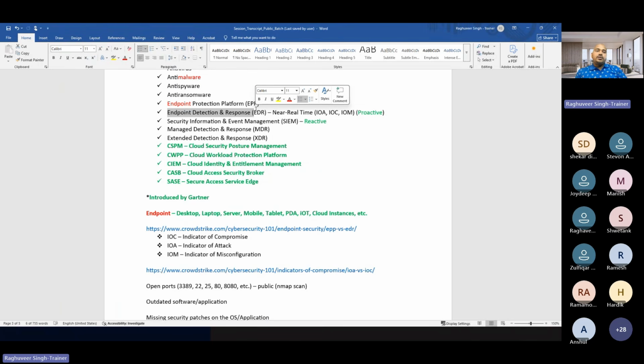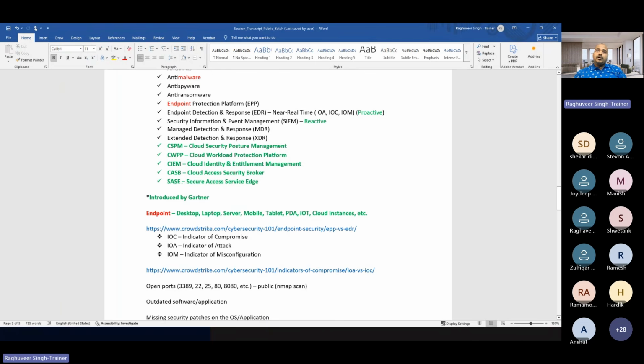Then comes CIEM, which is Cloud Infrastructure Entitlement Management. This solution is primarily protecting the identities, your employee accounts, your service accounts, service principals. Then we have Cloud Access Security Broker. This solution basically provides secure access to cloud applications and cloud workloads. So if you have employees sitting on premises trying to access an application which is hosted in the cloud, how do you securely ensure access to that application? That is CASB. It provides context-based protection and access control.